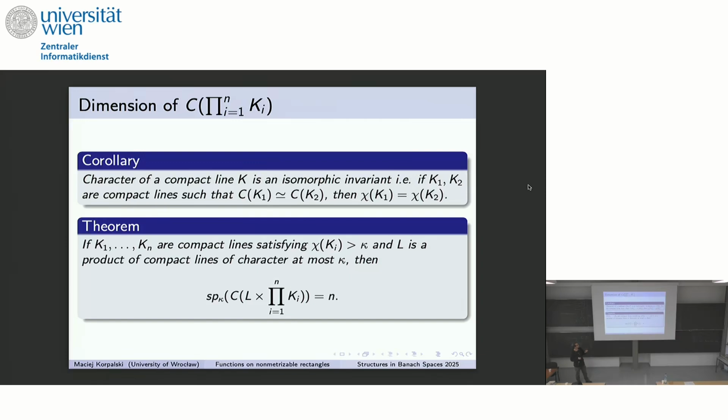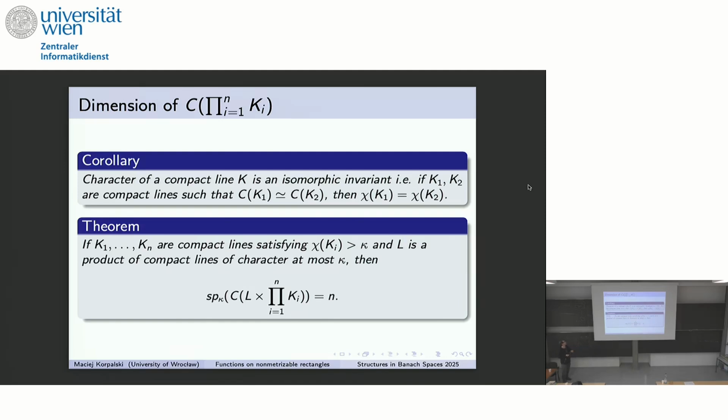So it counts the number of compact lines of high topological character, large enough, I mean. This on some level resembles the Marciszewski conjecture, but it is one step higher because it's on the level of compact lines, not on the level of spaces of continuous functions, not on the level of compact spaces.